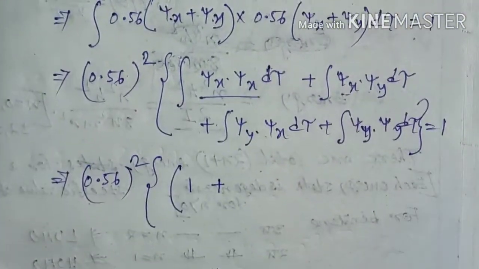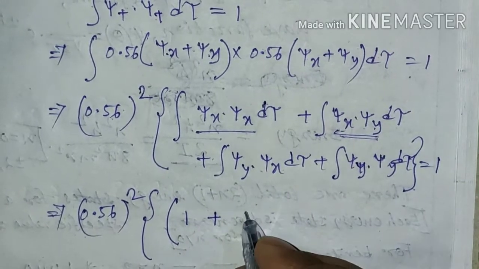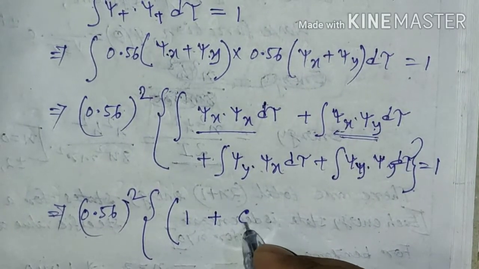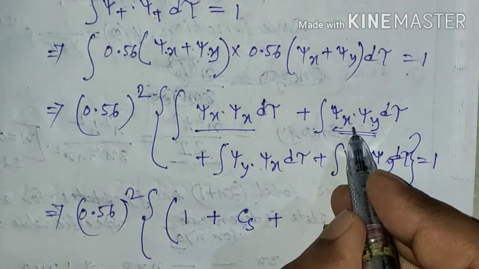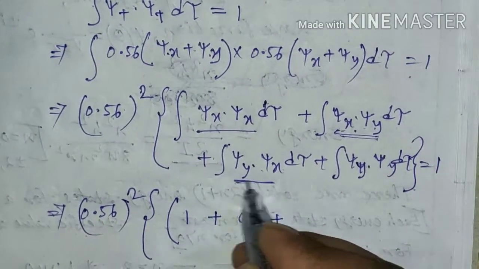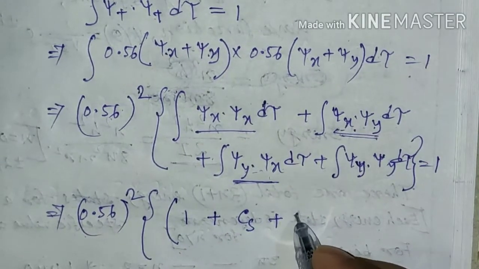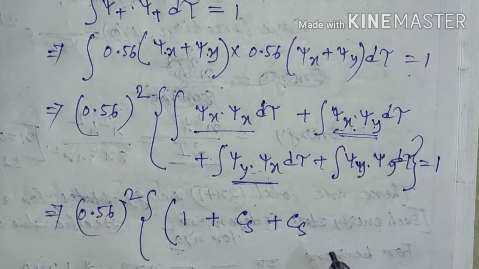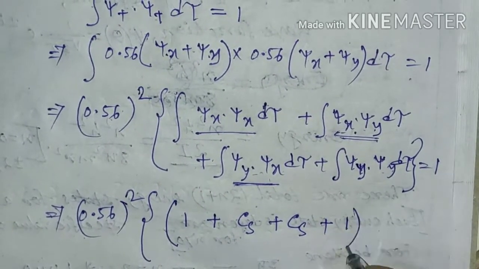This is the overlap integral. We have to calculate the value of this overlap integral, and if we write it like cs, it is also an overlap integral of psi x and psi y. You can also write it as cs, and psi y into psi y is equal to 1.